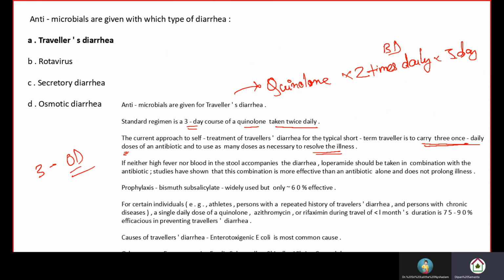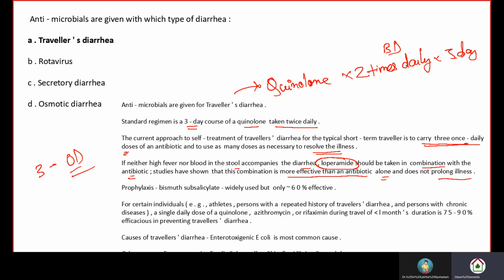If neither high fever nor blood in the stool accompanies the diarrhea, then loperamide can be given in combination with an antibiotic. Studies have shown that this combination is more effective than antibiotic alone and does not prolong the illness.